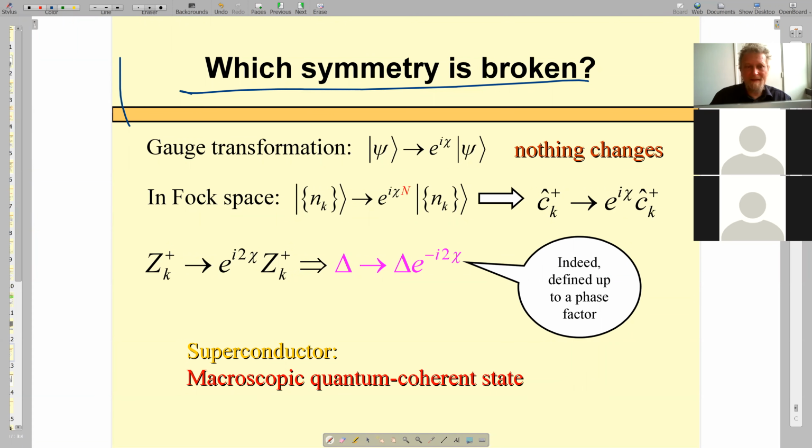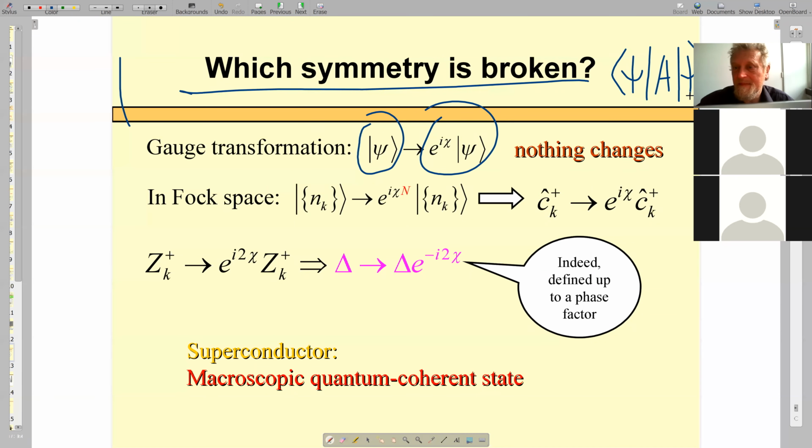Anyway, gauge transformation is simple. Gauge transformation is multiplication of a wave function by a phase factor. So we know that all observables contain psi and psi star, and this phase factor should cancel for any observable.